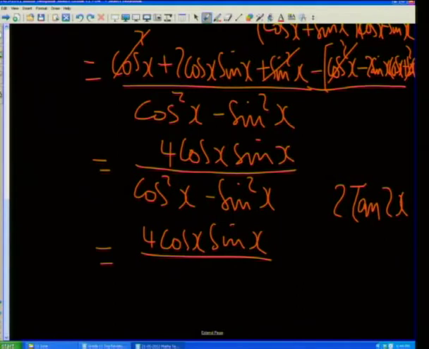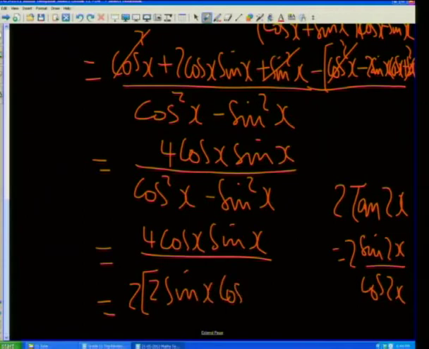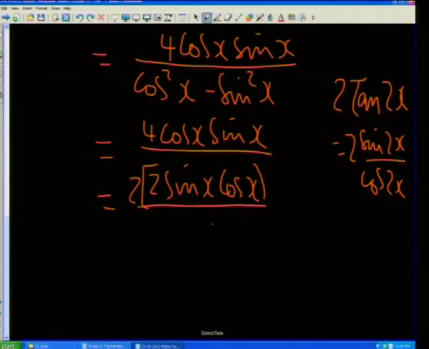What I have here already has a part of the sine that I'll require for this tan, because it's basically 2 sine x cos x over cos 2x. That's actually where the answer comes out. This is 2 multiplied by 2 sine x cos x, which is your sine 2x, and the one at the bottom is already cos 2x.